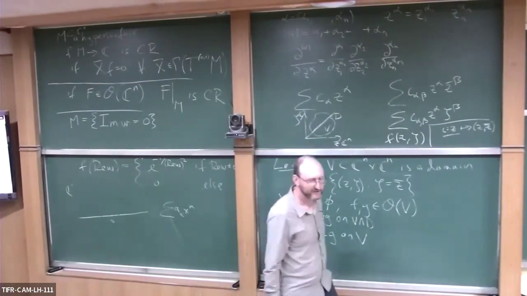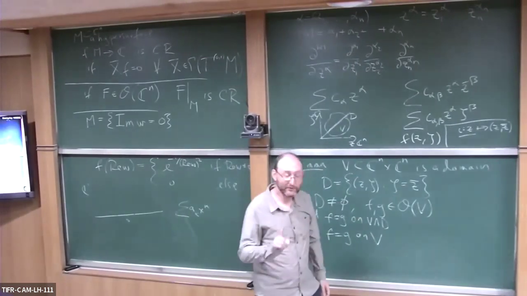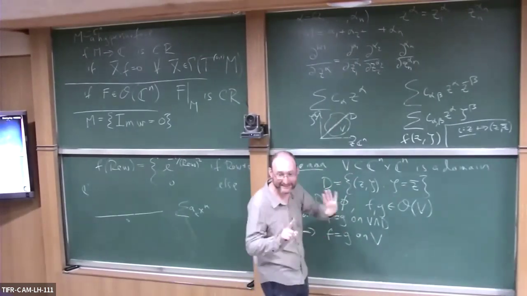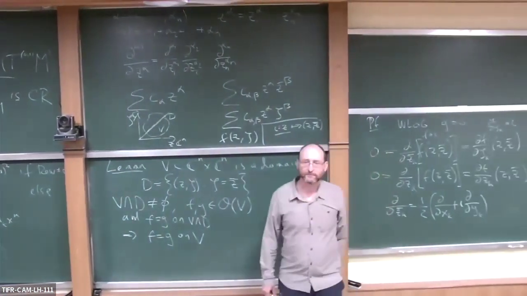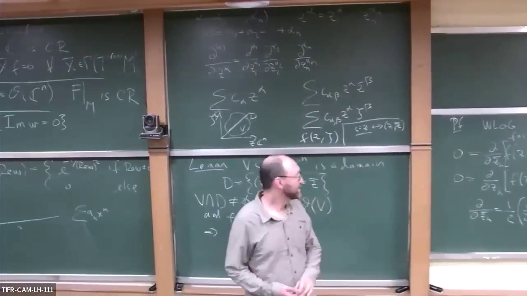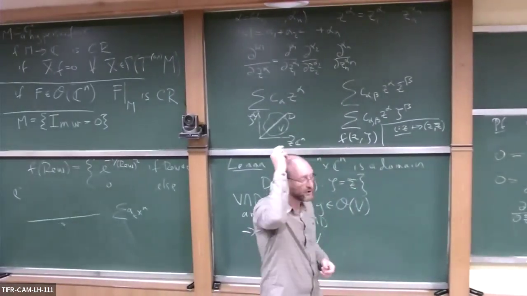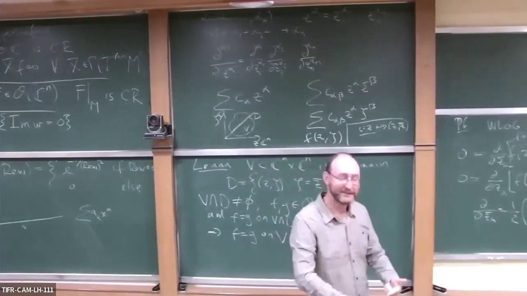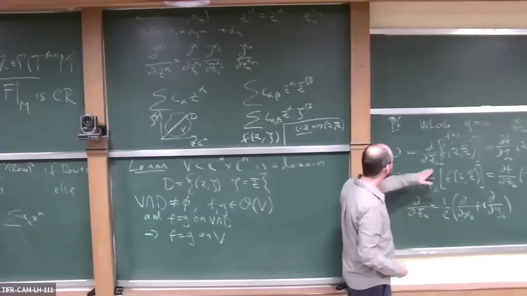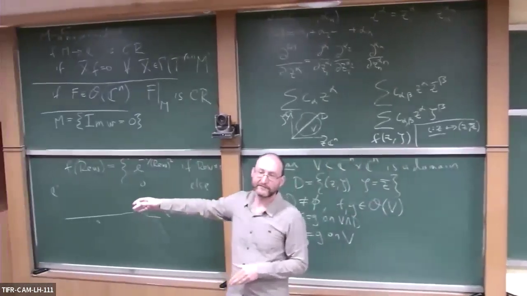So this is the holomorphicity of F on B. We can use the power series for this inequality. But the thing is that we're trying to get at the power series. How do you get at the power series? You take derivatives. We want to relate the Z bar derivatives to the zeta derivatives.